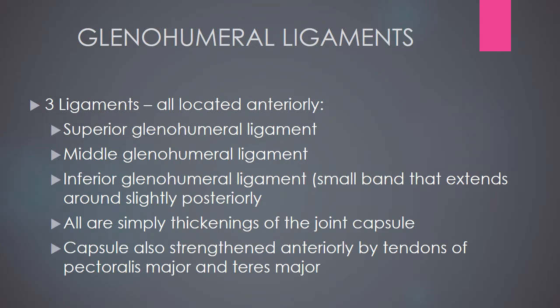So let's talk about the capsule and the capsulo-ligamentous structures. With regards to the glenohumeral joint and the glenohumeral joint capsule, we see that the joint capsule is reinforced anteriorly by three ligaments, and these are referred to as the glenohumeral ligaments. So we have the superior glenohumeral ligament, the middle glenohumeral ligament, and the inferior glenohumeral ligament.